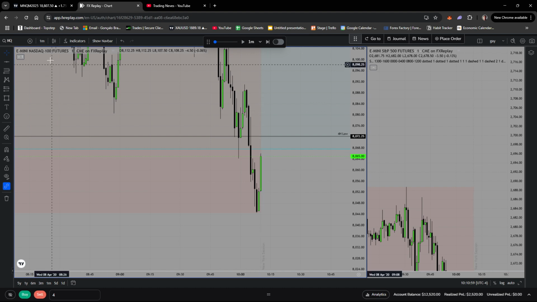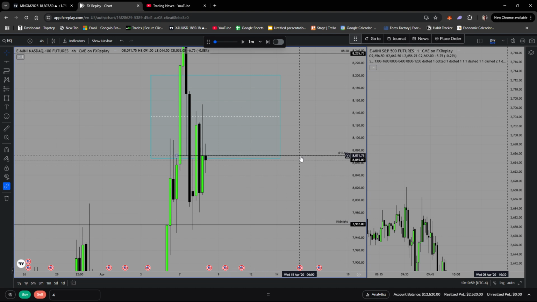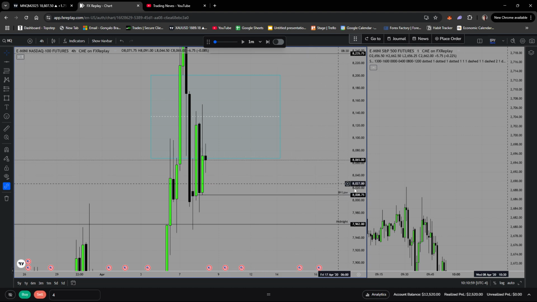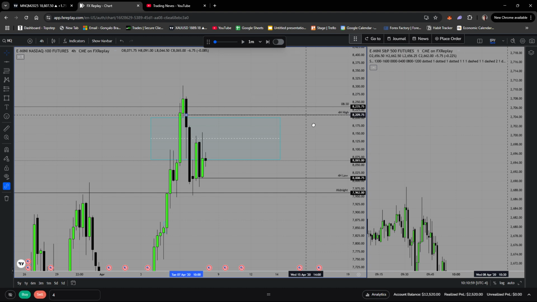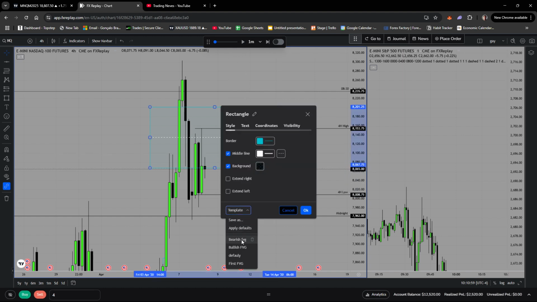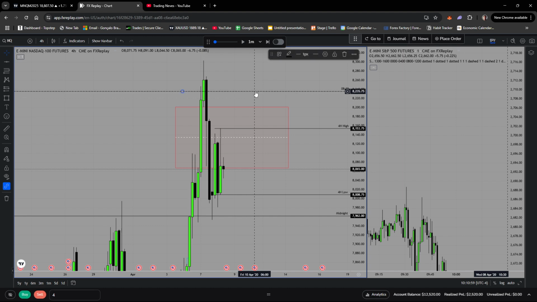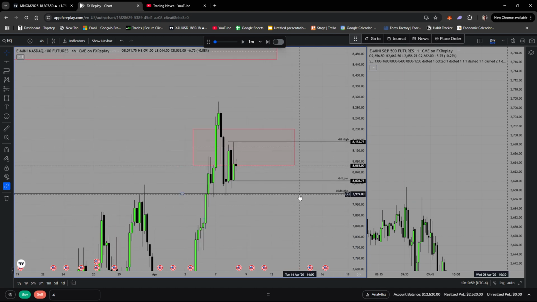So let's just go and analyze the 4-hour for our high, for our low. This bullish gap's now bearish. Got the old 830 above us.